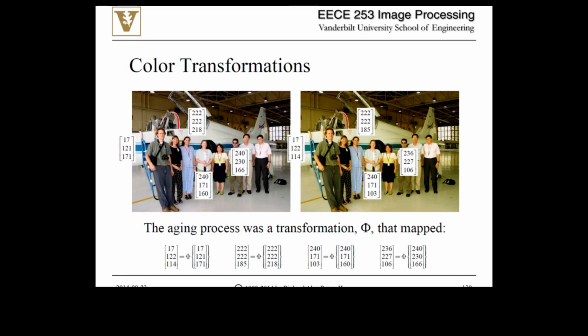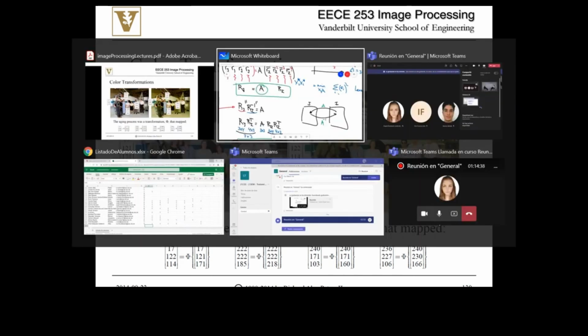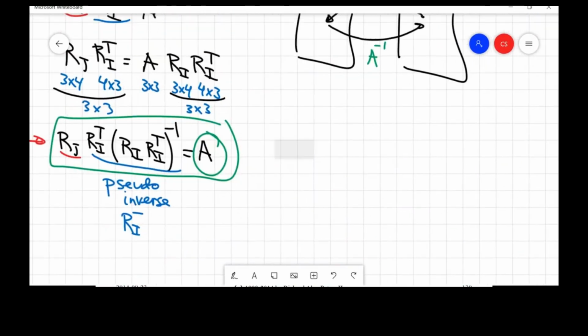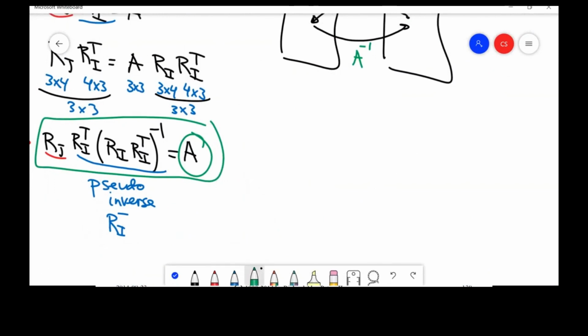So instead of maybe 17, 122, 114, you will find one that makes, let's say, 110 instead of 114, and instead of 122, you will have 124, let's say. So you will not find a single matrix that makes, let me remember the numbers.